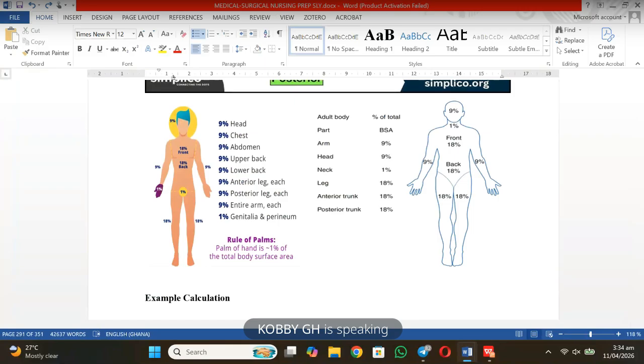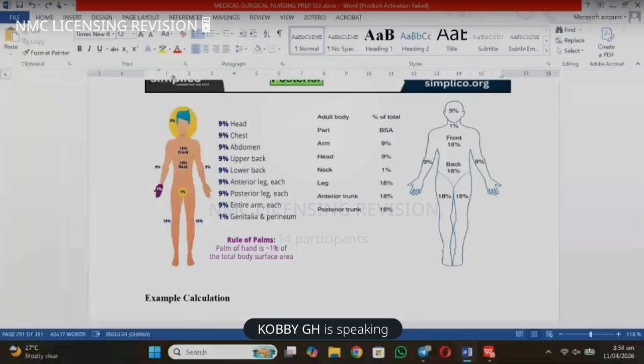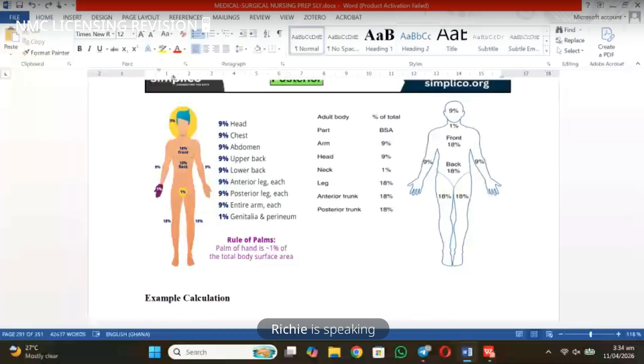What will be your answer? Anterior arm, posterior leg. What will be your answer? 0.5. Come again. 0.5. You see, I managed to trick you.